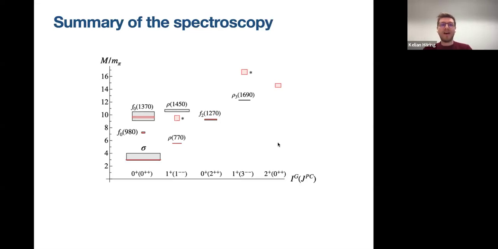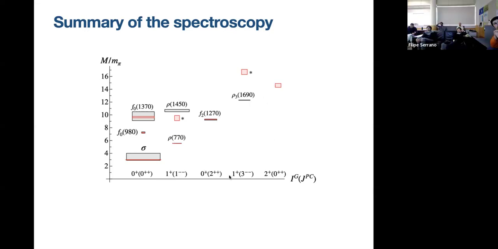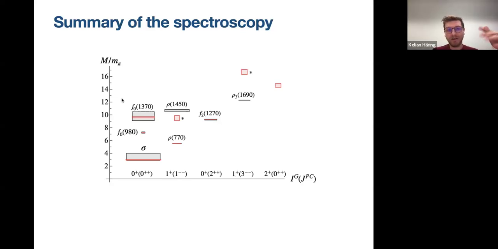Okay, so let me summarize the spectroscopy that we did. In the beginning of this talk, I presented this plot with the gray boxes being the particles actually observed so far, that you can find in the PDG.